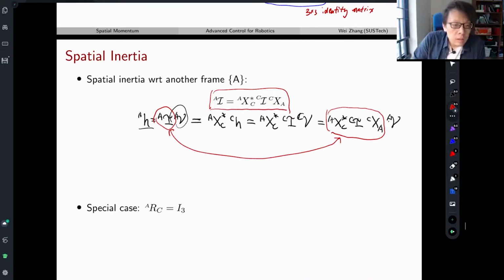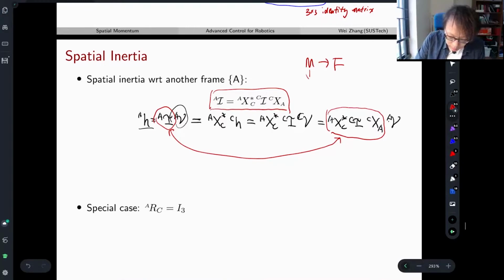Okay. So again, if you want to think about the inertia matrix as a mapping from velocity to force space, this makes sense, right? So you say you want to represent this mapping in C or in A. If I say I know how to do this mapping in C, then I want to know how to do this mapping if I choose coordinates in A. Well, from motion space to force space, right?